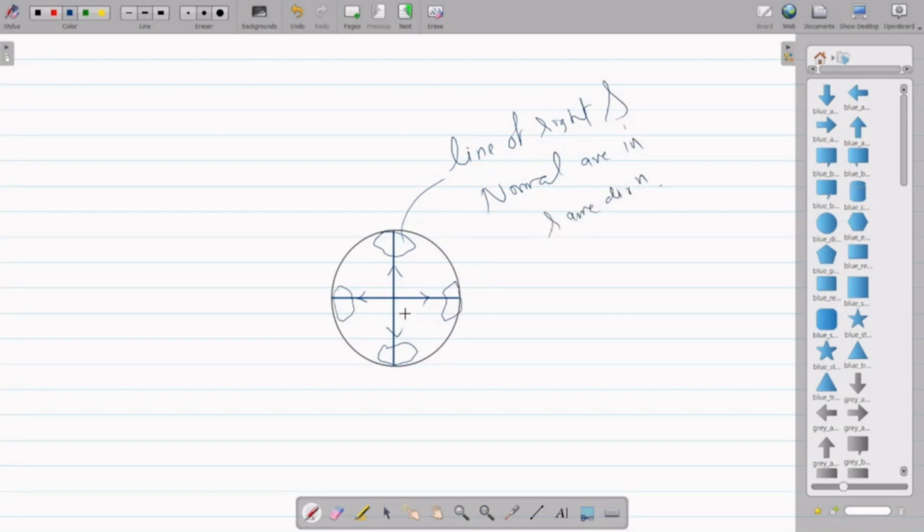Similarly for this, and similarly for this and this also, right? Now suppose you have any arbitrary surface here, and if you try to look at this surface, then obviously the line of sight will go along this direction, and the normal to the surface is along this direction.